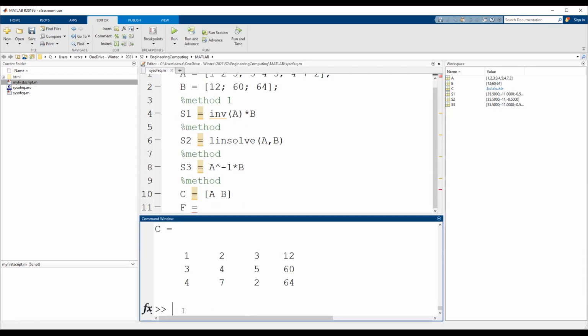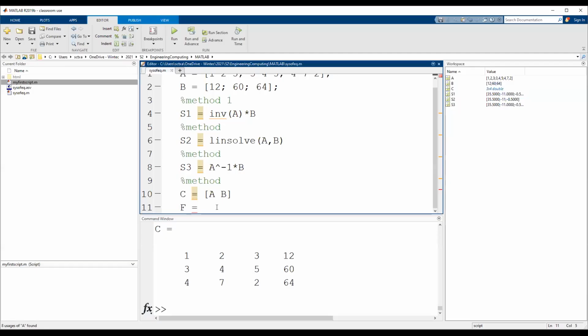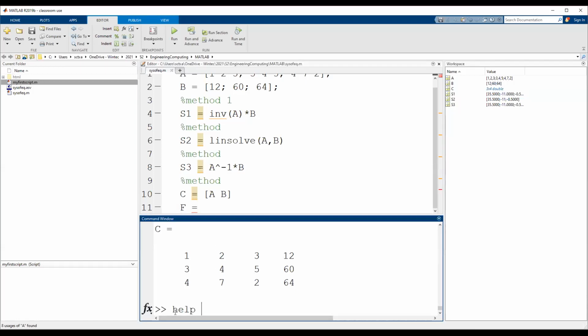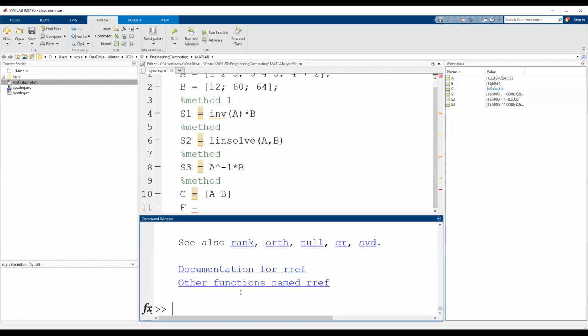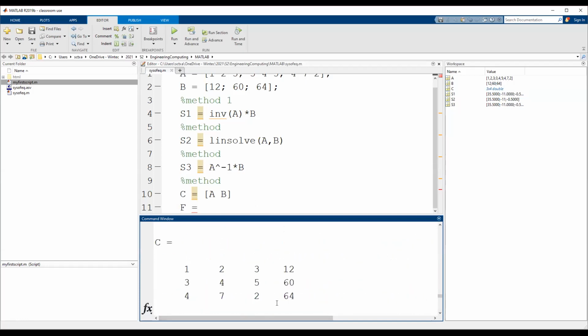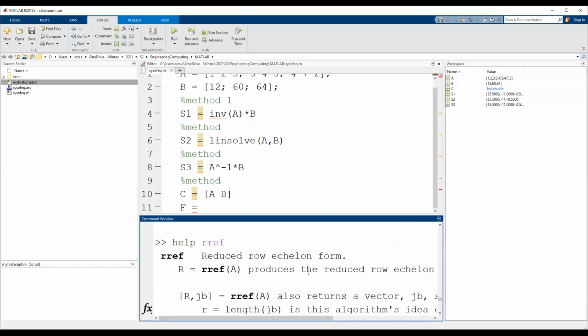For that we use help RREF. Okay, reduce to row echelon form.